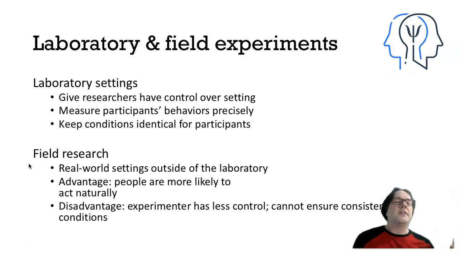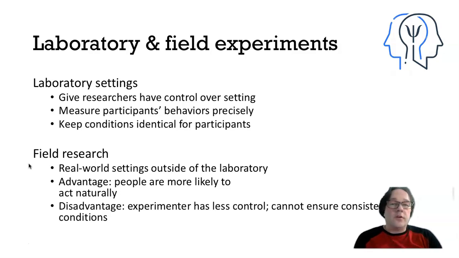It could cause some problems in terms of how certain are we of what's going to happen when we remove all the control that we had in the laboratory, right? We found this result, but we were able to control everything. Out in the real world, you can't control all that stuff, so are we still going to find the same results? That's a legitimate question, right?